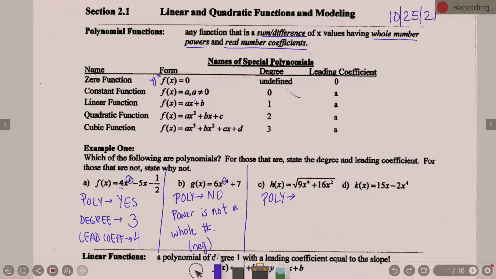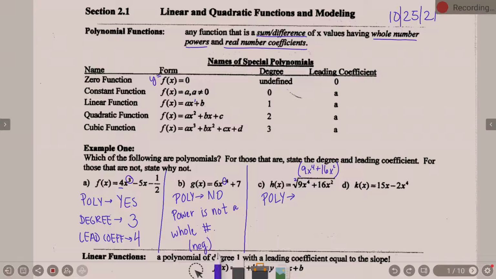What power is a square root? If I rewrite this as 9x to the 4th plus 16x squared raised to some power, do you remember what power a square root is? A square root has an invisible index of 2.